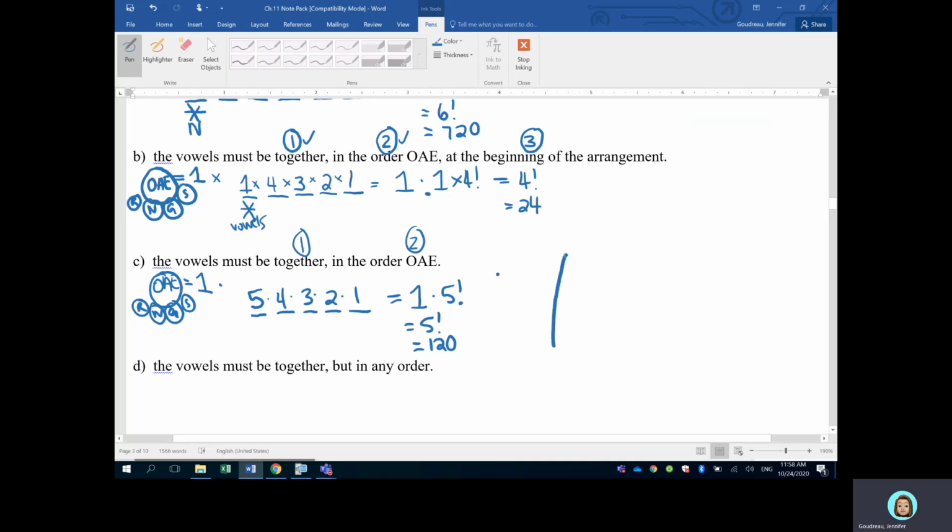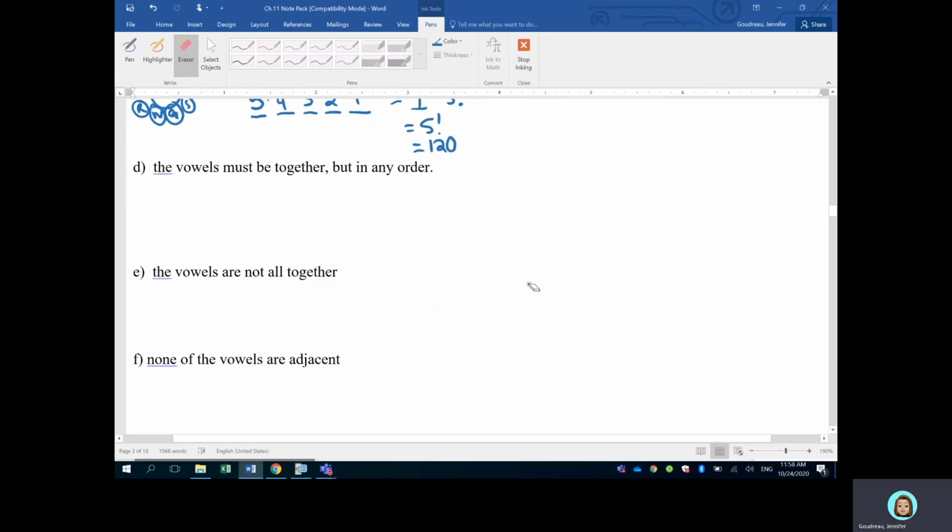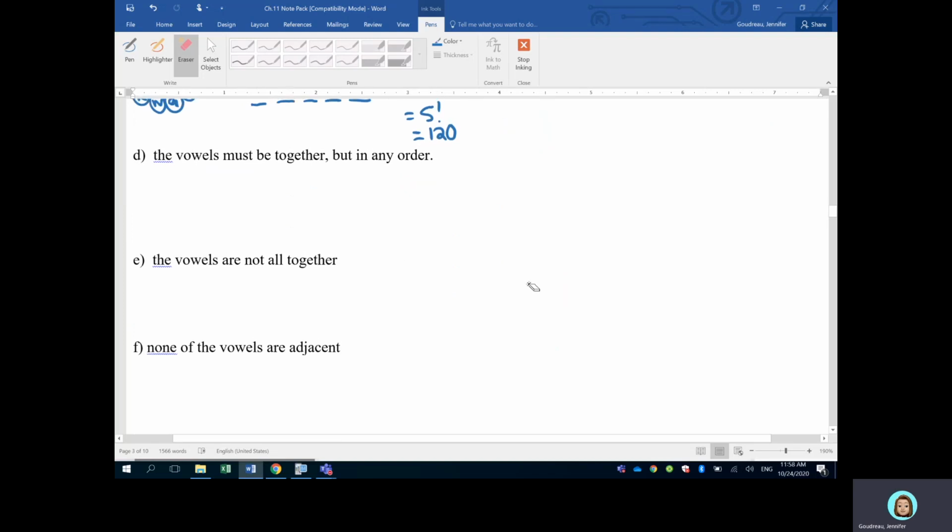Part D. In part D, we have the vowels must be together. So again, we have that same thing there, that we have to have items together, but in any order. So we only have 1 restriction with part D, and that is that the vowels have to be together.